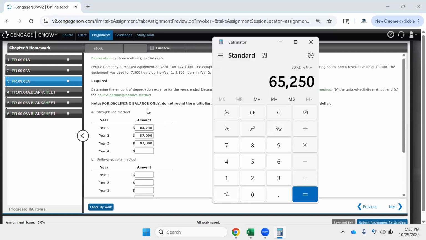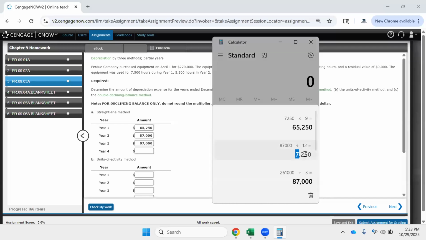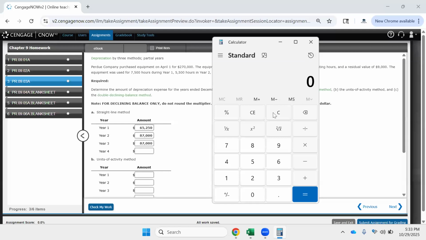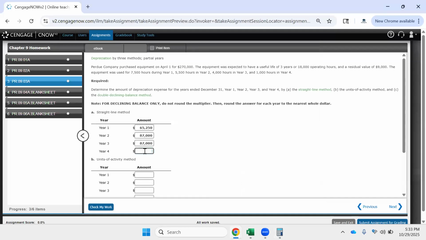And in year 4, we only have 3 months of depreciation because this whole asset is going to be depreciated over the course of 3 years. But we started mid-year, we had 9 months. And so if we take 7,250 times 3 months, we get 21,750.